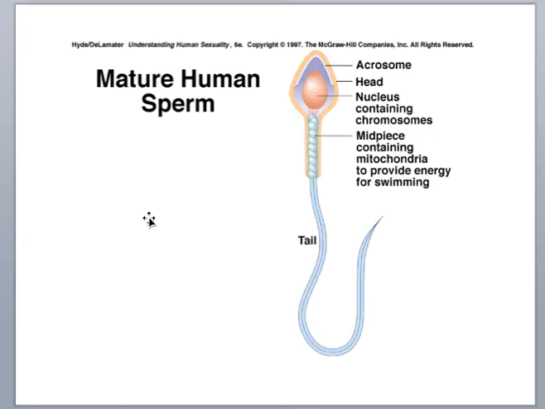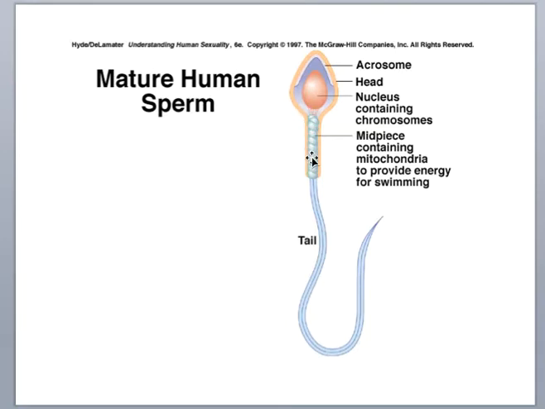This is all sperm. So remember the mature sperm, we have the head, which contains the acrosome. The acrosome are hydrolytic enzymes that will help break down the outside layer of the oocyte for fertilization. And then we have our nucleus with half the number of chromosomes and a little bit of cytoplasm, not much at all.